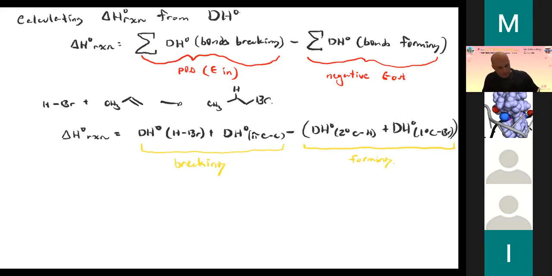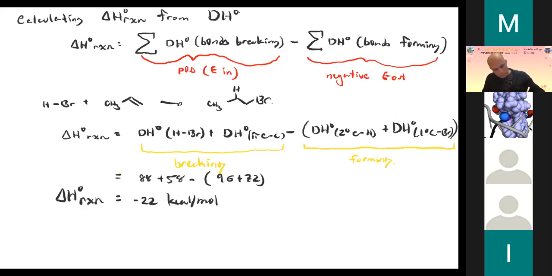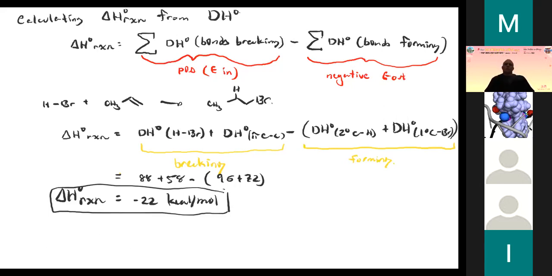If you plug in the numbers, you get 88 plus 58 minus 96 plus 72. And if you do that math, you get minus 22 kcal per mole. So what that tells me is that the overall enthalpy of this addition reaction is negative. The overall reaction is favorable.